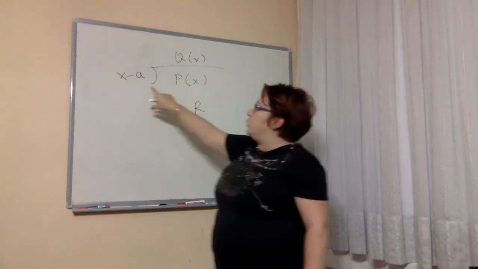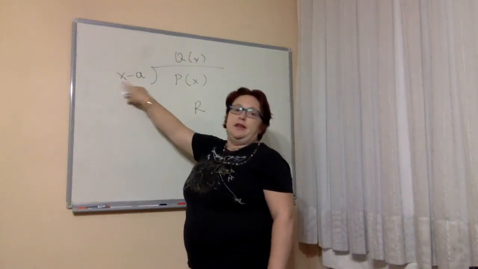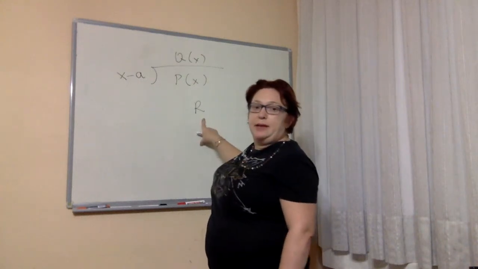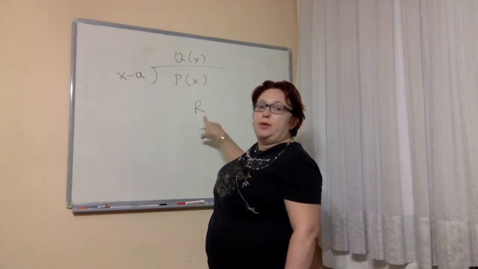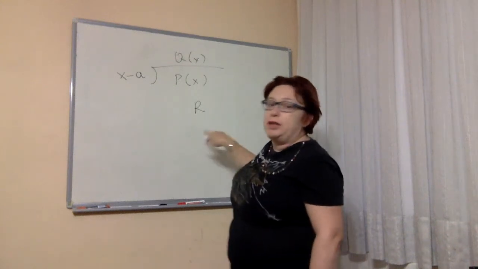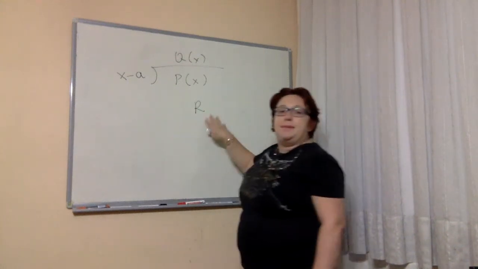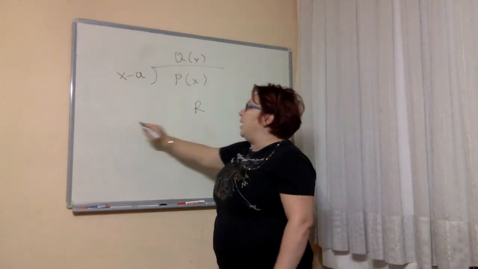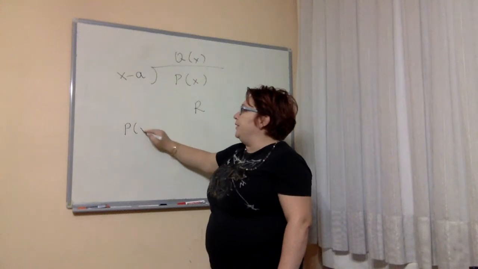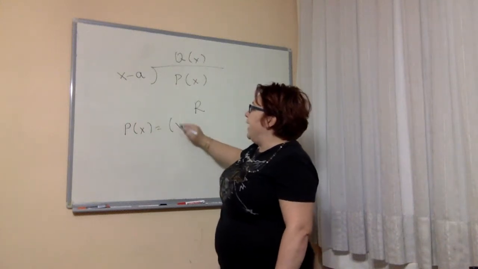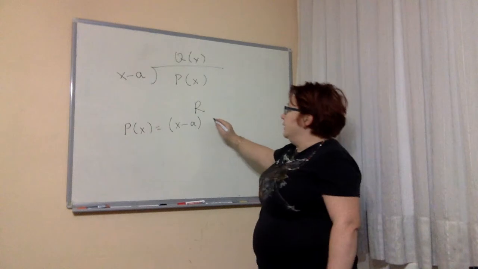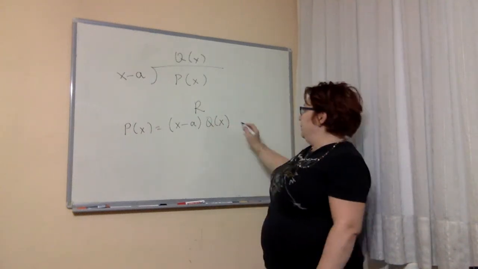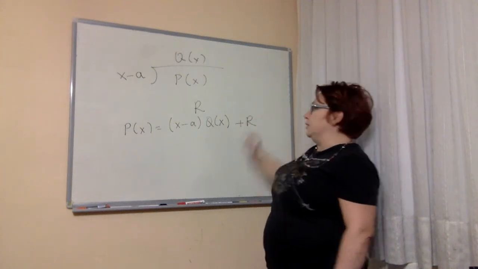Now, because the degree of the divisor is 1, the degree of the remainder is going to be less, so it's going to be a degree of 0, which means the remainder is simply going to be a constant. Okay, now we can write this division problem as p of x equal to x minus a times the quotient polynomial plus the remainder.